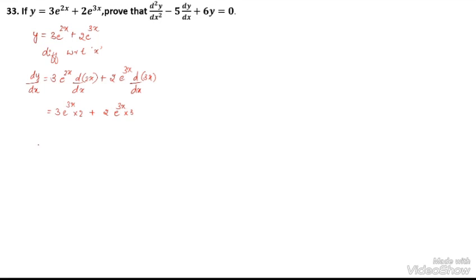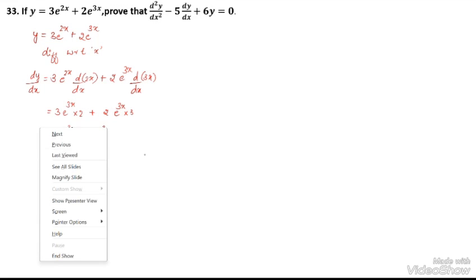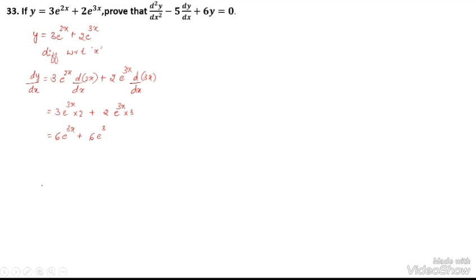So this is 3 times 2, 6 e to the power 2x plus 6 e to the power 3x. Sorry, I had written 3x here in place; this is 2x. This is dy by dx.